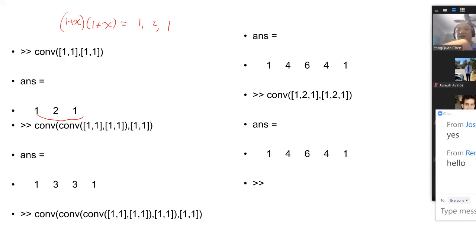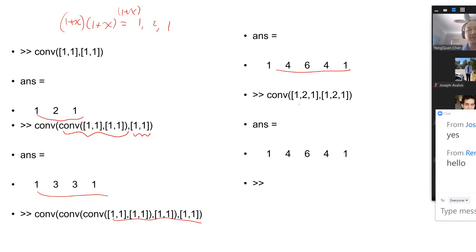If we do one more, I convolute this one first, then convolute this. So it's 1, 2, 1 versus 1, 1, you get 1, 3, 3, 1. Everybody knows this triangle, right? So you do it 4 times, then you get 1, 4, 6, 4, 1.